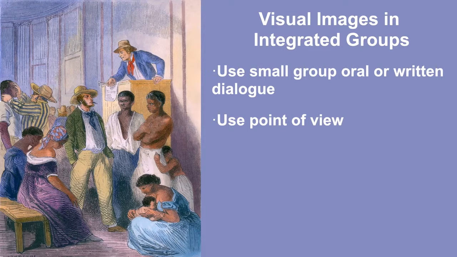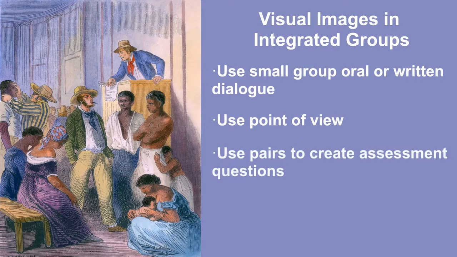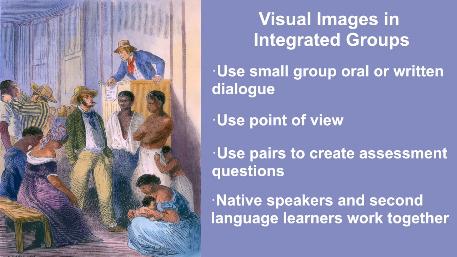Another way to use the image might be to give a copy of the picture to pairs of students and ask them to create assessment questions for the unit based on some of the concepts that are represented in the picture. To maximize the benefits of interactions in integrated groups, it's important that both native speakers and second language learners understand and have opportunities to practice how to work together.